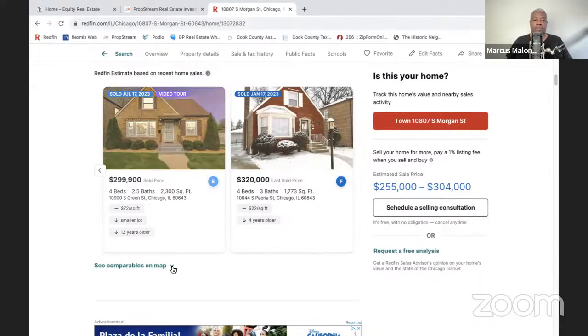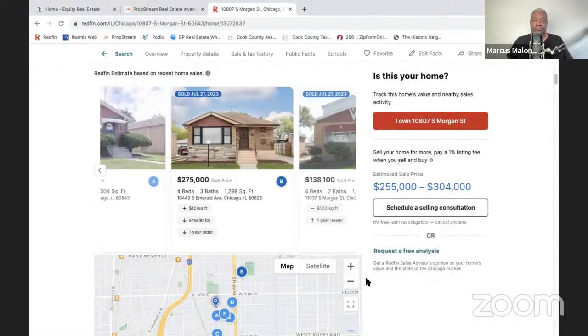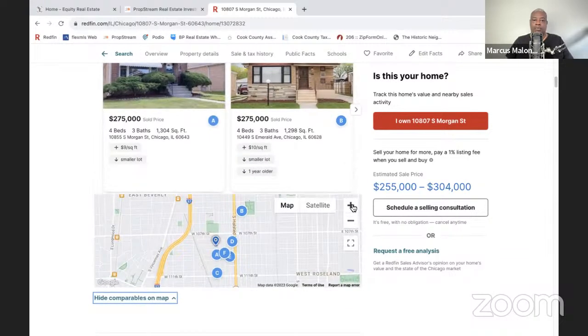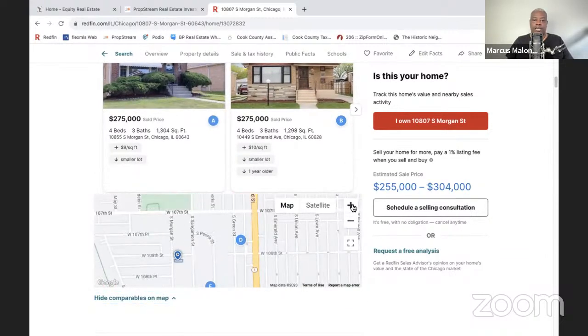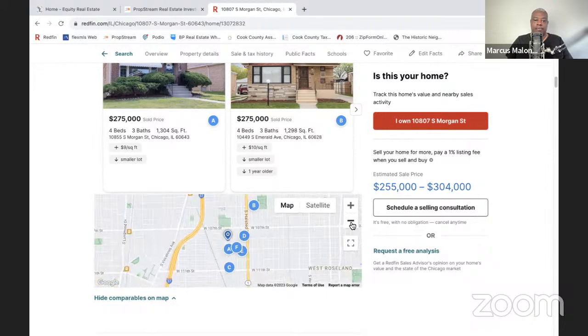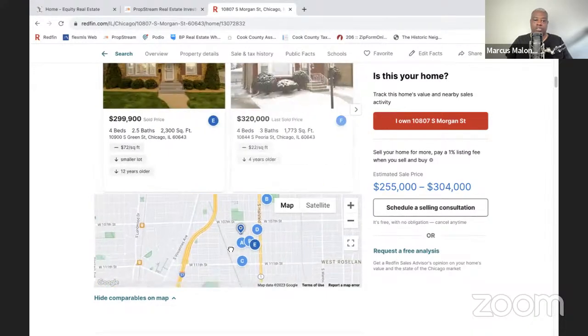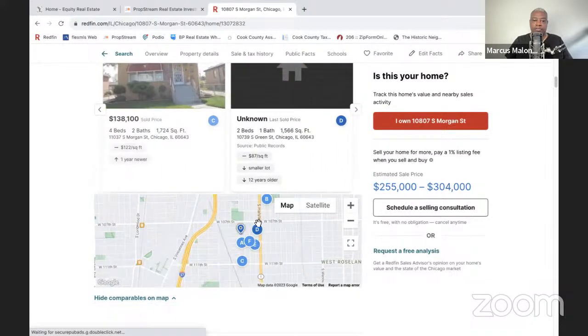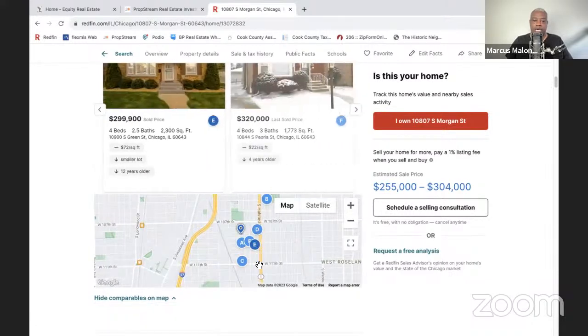So if I'm looking at this property, I'm going to look at the comparable map. I'm going to zoom in. First of all, our subject property is here. And what I mean by block area and not crossing any major streets, I would want to stay in between 107th, Halsted, and 111th, over to this slanted area here.